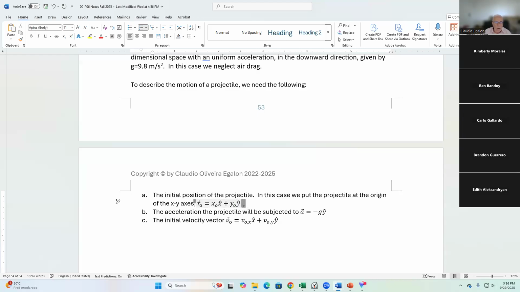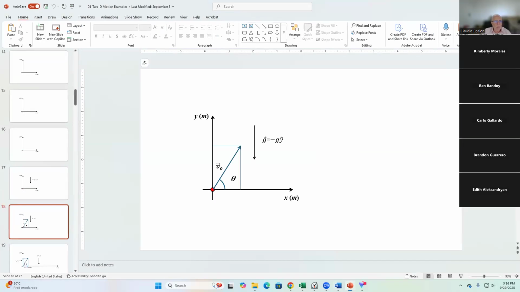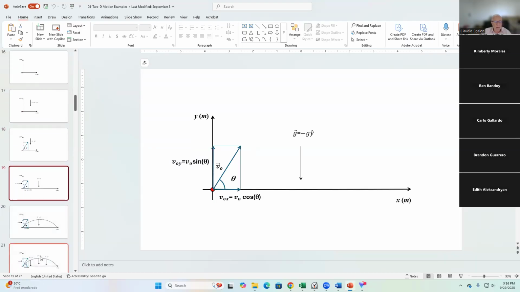Where X naught equal to Y naught equal to 0. That's the origin. Okay? So that's all we need.